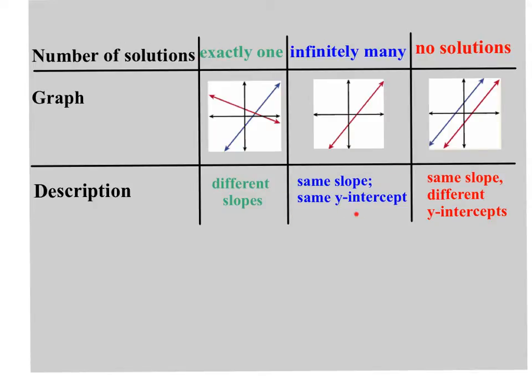If in your equation, or when you graph, they're the same slope and the same y-intercept, then there are infinitely many solutions, like the one we just went over. And if you graph, or if you just realize from the equations that the slope is the same, but the y-intercepts are different, then they are parallel lines, which will never cross, and therefore there are no solutions.